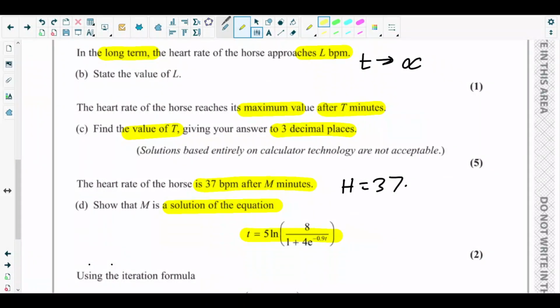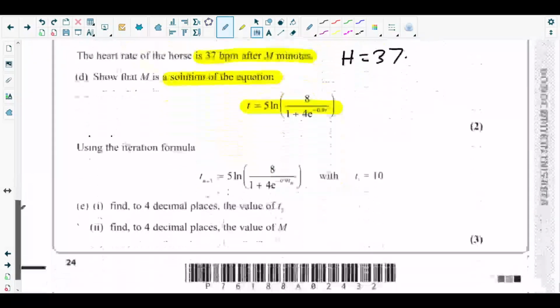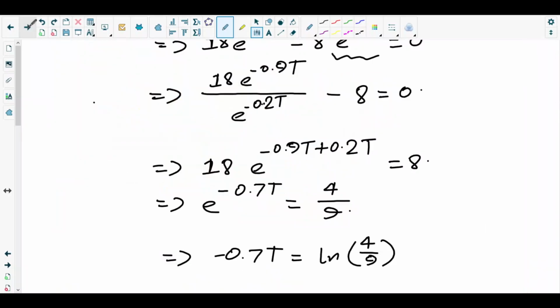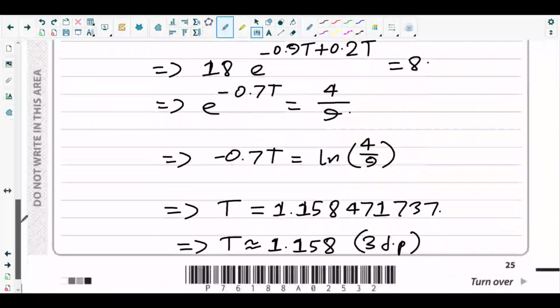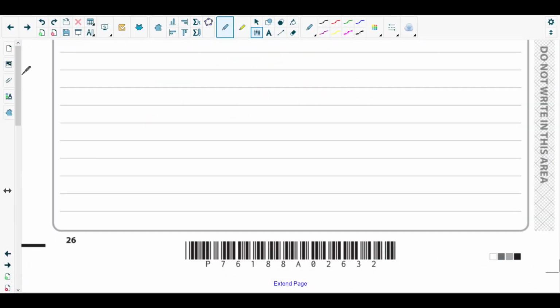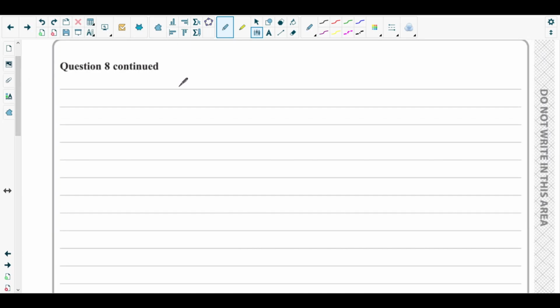So just equate H equals 37, isn't it? Let's go to the next page. For part D, H equals 37.